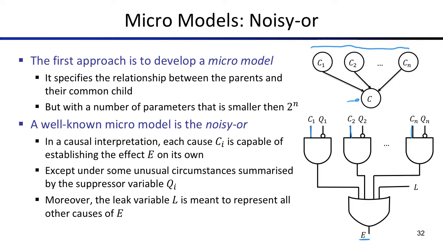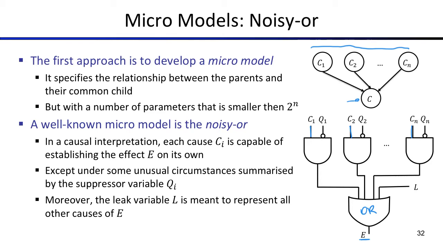So we think that each of these causes, C1, C2, until Cn, is capable of establishing the effect on its own. So if you look here at the circuit, we have this OR gate here, right? That's taking as input the output of all these possible causes. There is one exception, right?